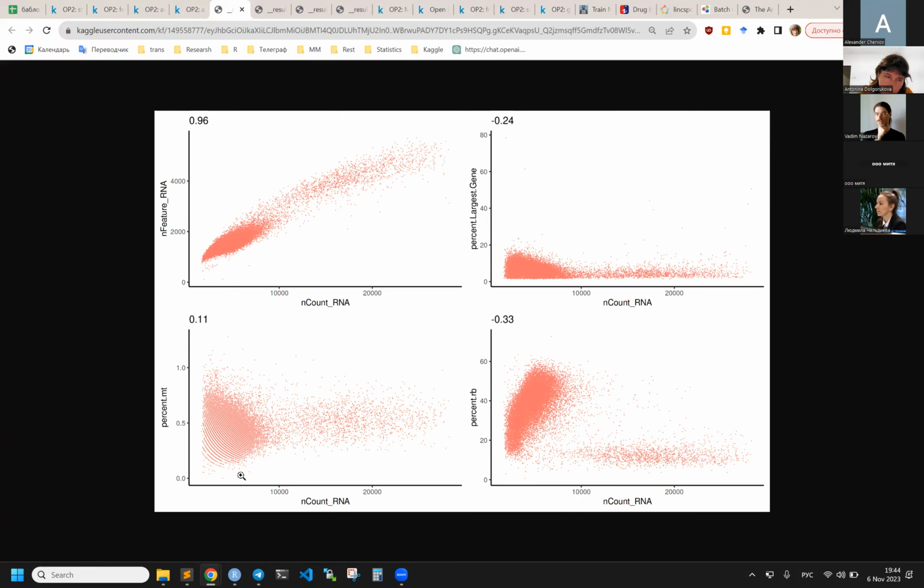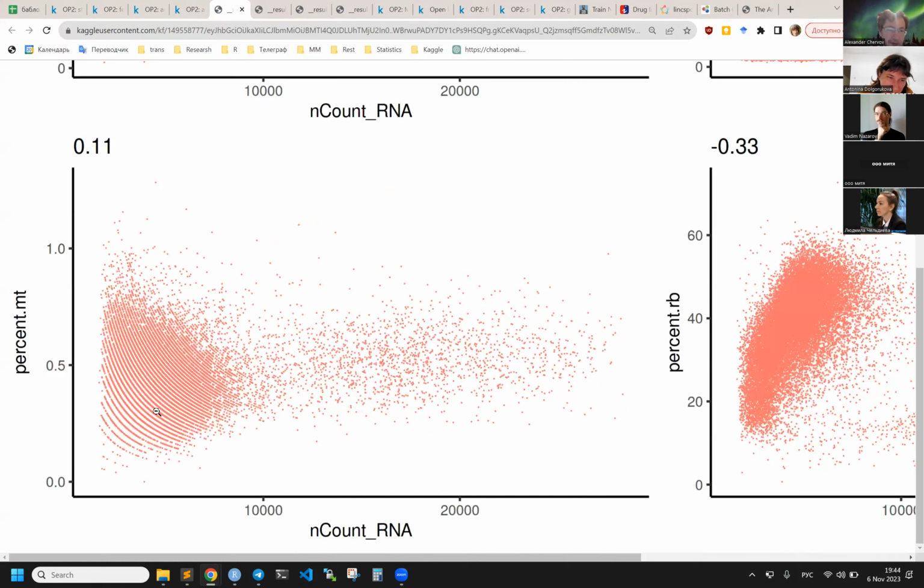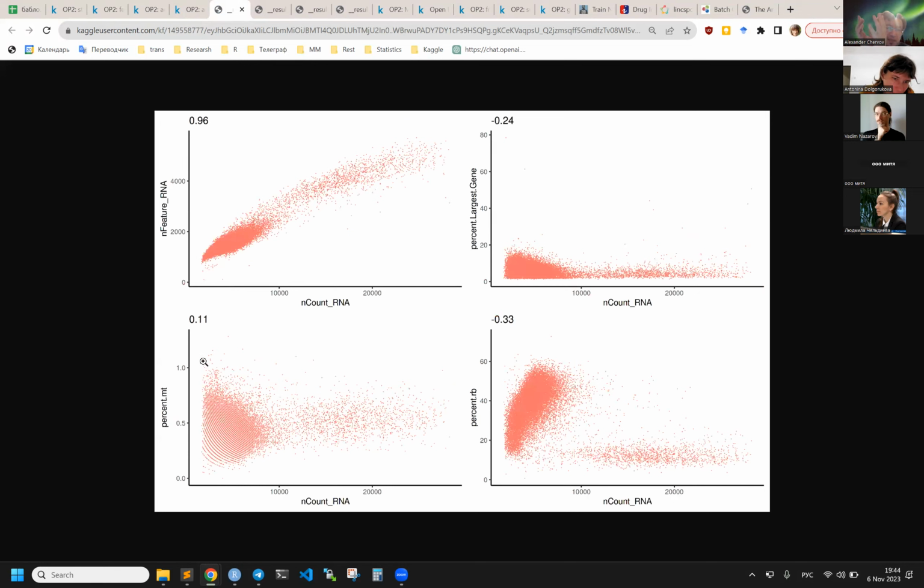And a strange picture, like a fingerprint. That can be reasonable, because if this is mutually exclusive, that means if you have a high percent of mitochondrial genes, cells are in bad conditions, and so the number of counts should be low.